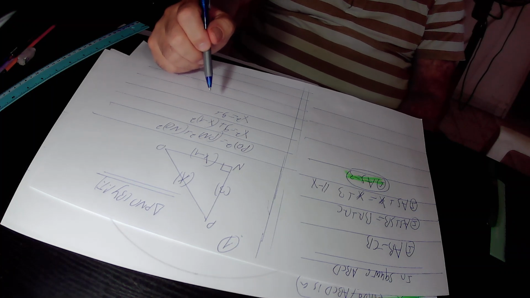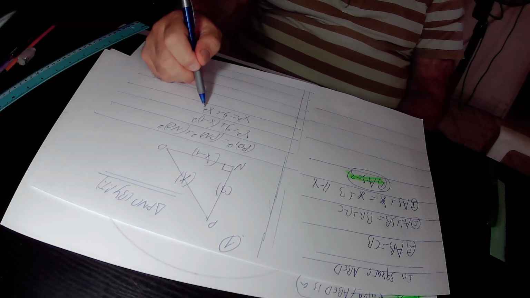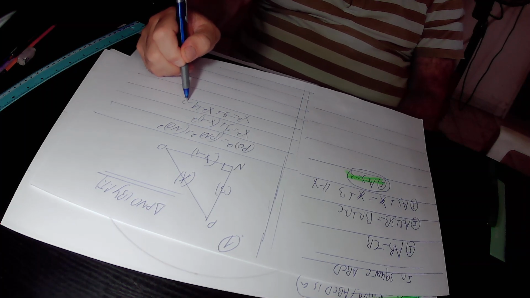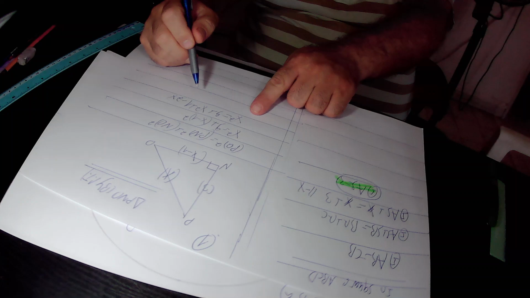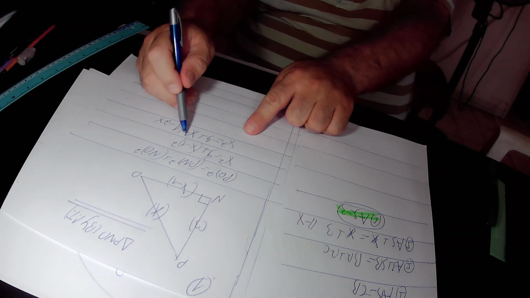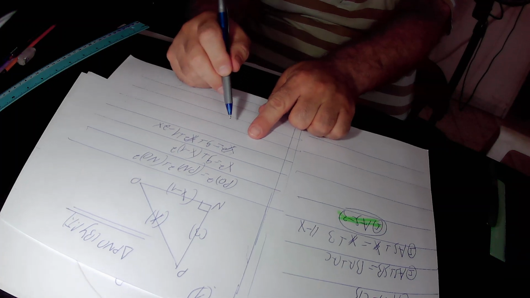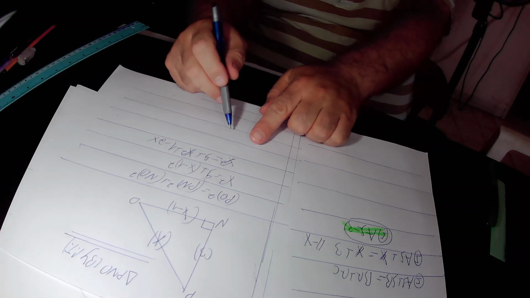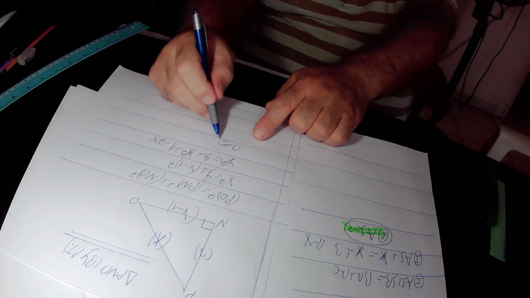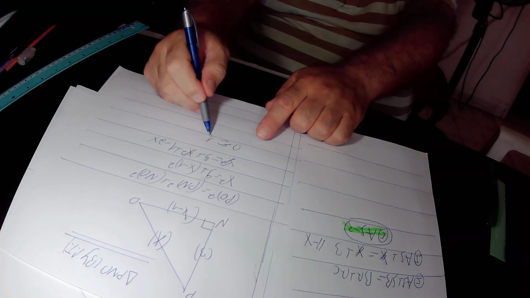x minus 1 squared equals x squared plus 1 squared, that is 1, minus 2 times x times 1, that is minus 2x. So here we have x squared on both sides of the equation, so x squared will get cancelled. After we cancel x squared, on this side of the equation we are left with 0. On the other side we are left with 9 plus 1, that is 10, minus 2x.